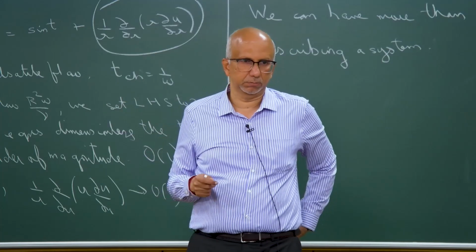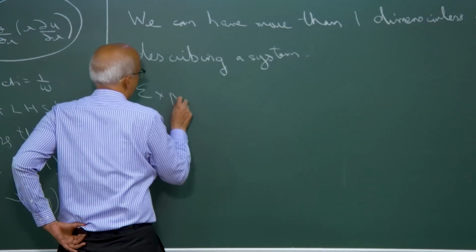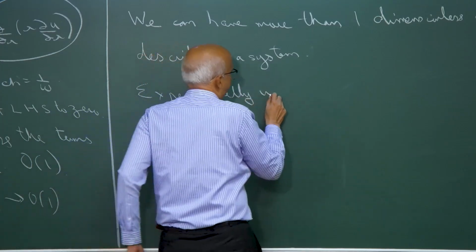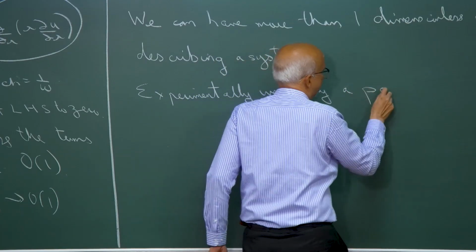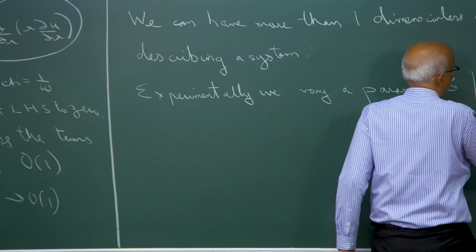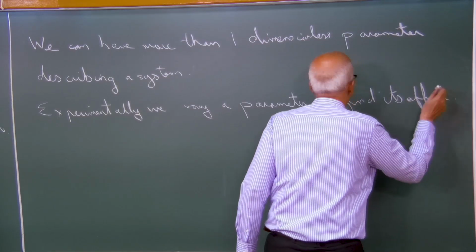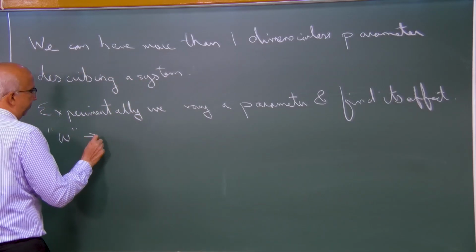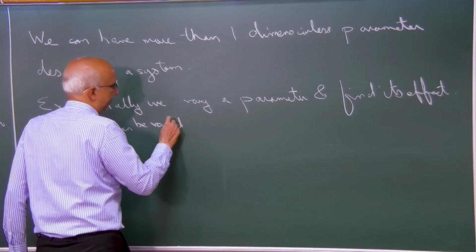So experimentally we vary a parameter and find its effect. For example, omega in this problem can be varied.